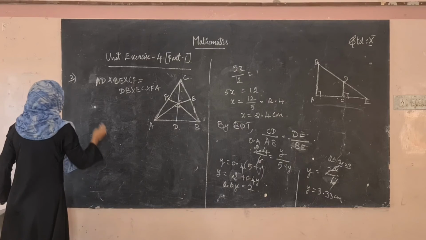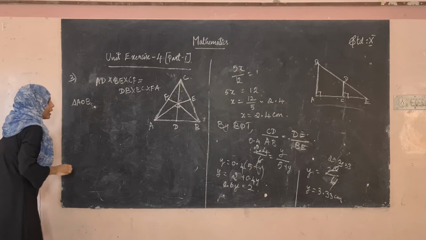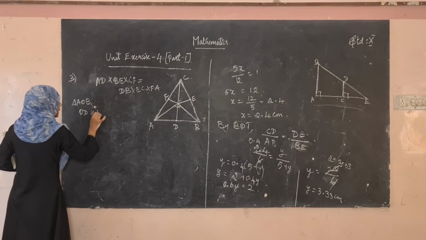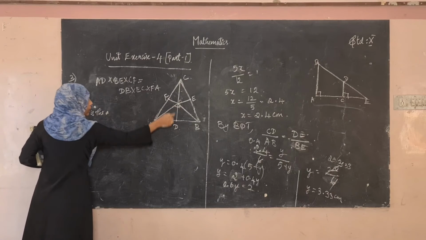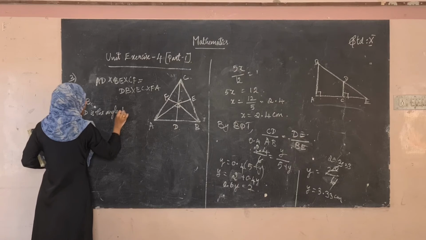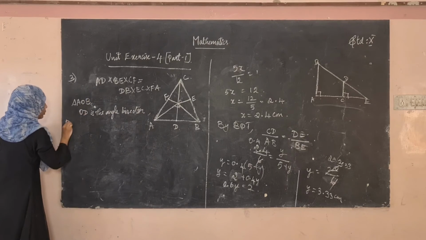Okay, now let us take the triangle AOB. Since OD is the angle bisector of angle O, by using the what theorem?